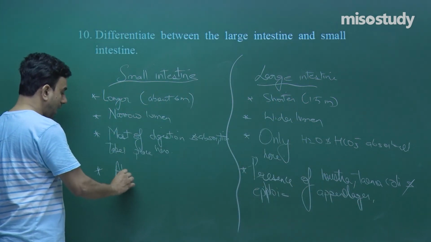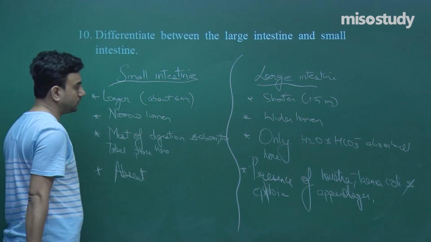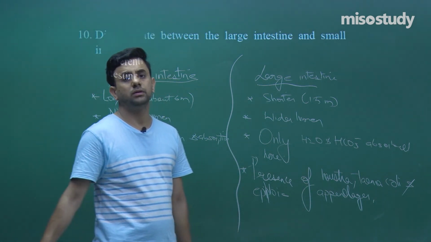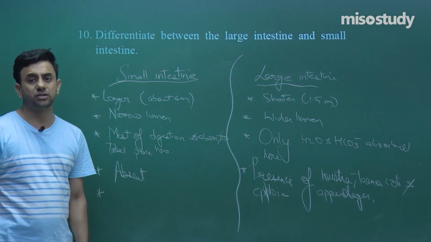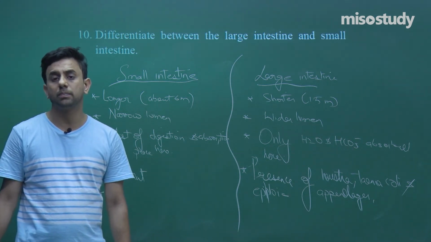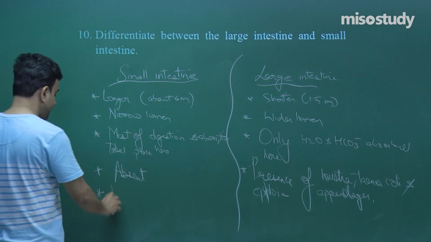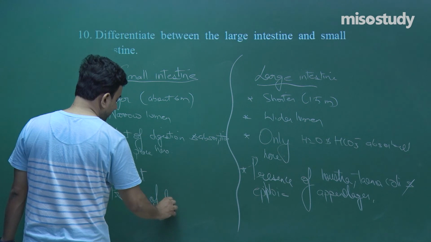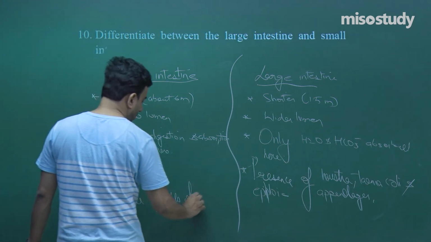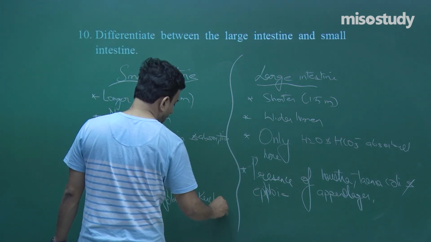All these three are absent in the small intestine. Here in the small intestine there will be the folds of Kerckring, or circular plicae, presence of folds of Kerckring.